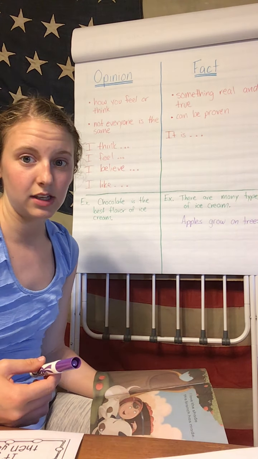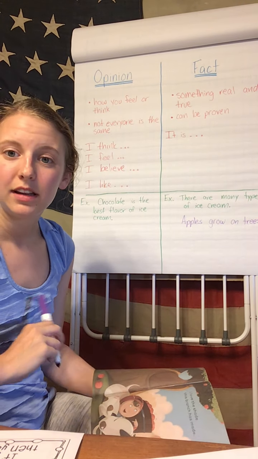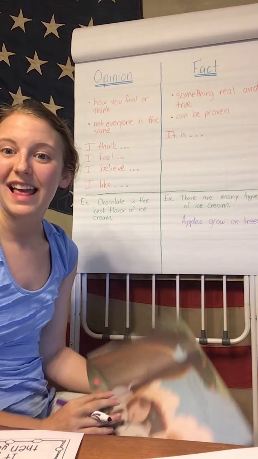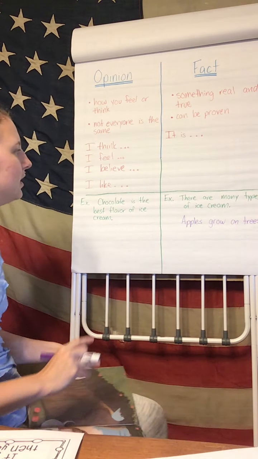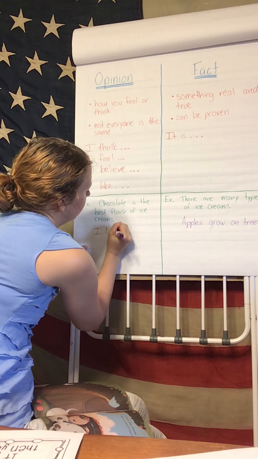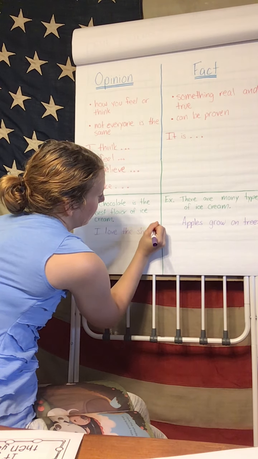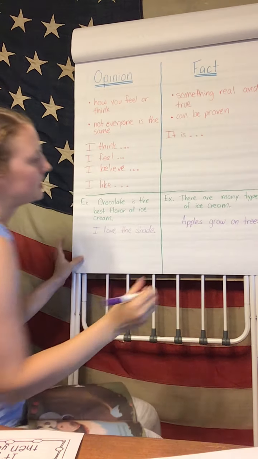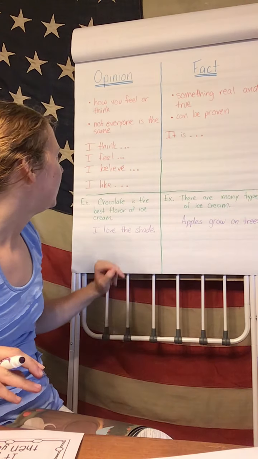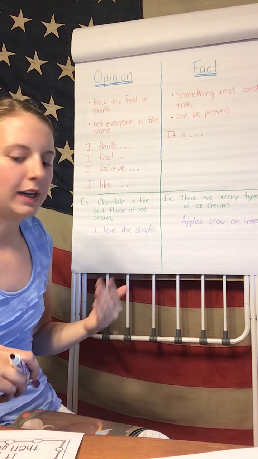Maybe you don't like the shade. Maybe you like the sunshine. So that's different than what he feels. So him saying I love something, that's his opinion. So apples grow on trees. I love the shade. I'm not going to write the whole sentence because I don't have much time. But just to give an example, that's what an opinion is. It's starting a sentence with how you feel.